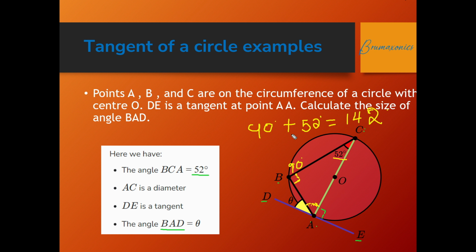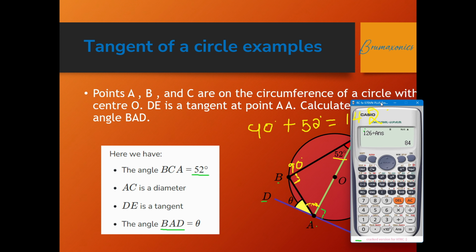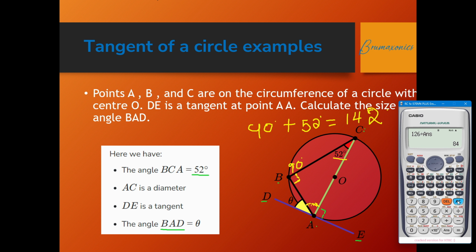142 as like angles. I'm going to use a calculator. Now we have the calculator here, so we can go there and say that since this is 90 degrees plus 52, the angle that we do have here should make 180, right?